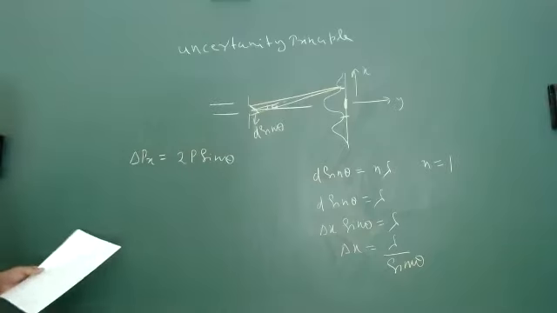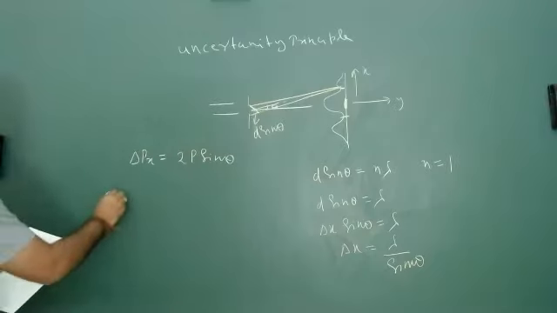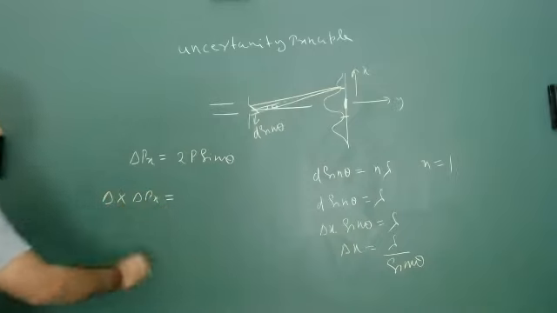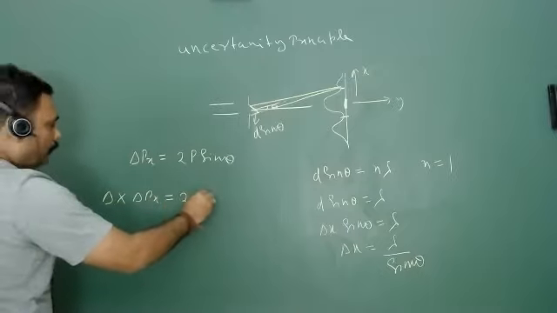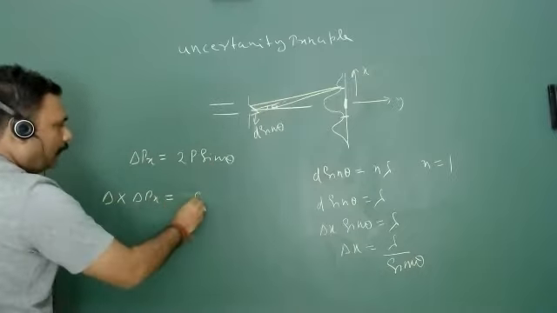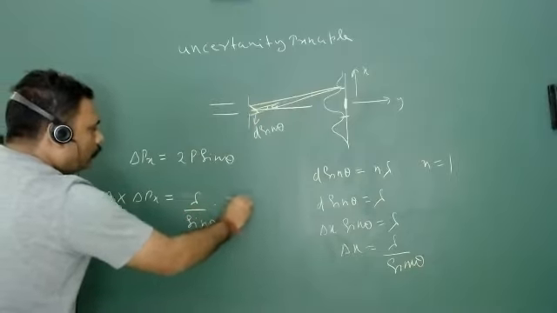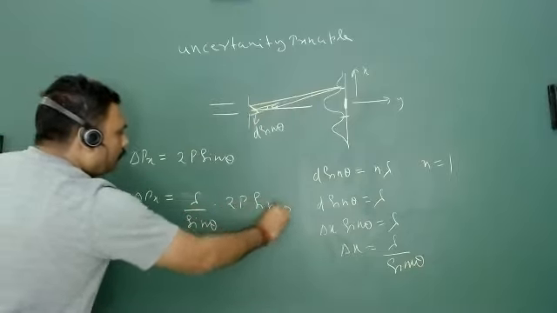So delta x into delta px is equal to lambda upon sine theta into 2p sine theta.